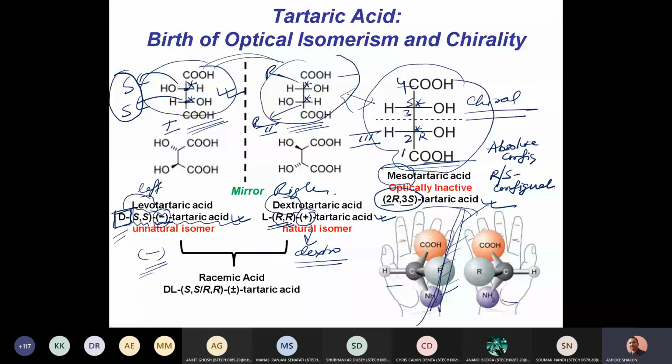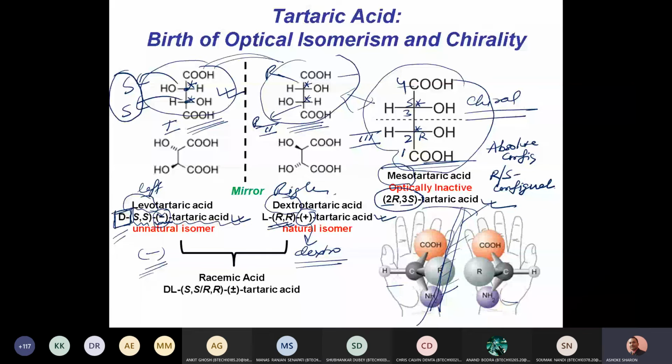So how we can name this compound as SS, how we can name it RR, how we can name it 2R, 3S, that we need to understand. So our next objective is to understand the RS configuration.